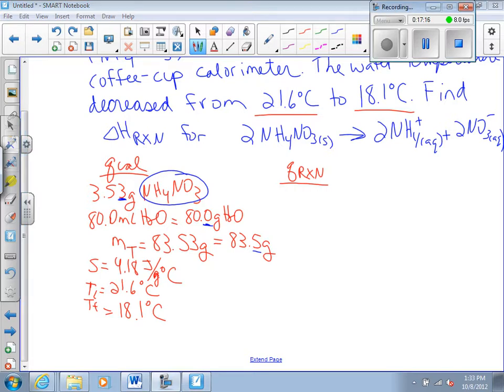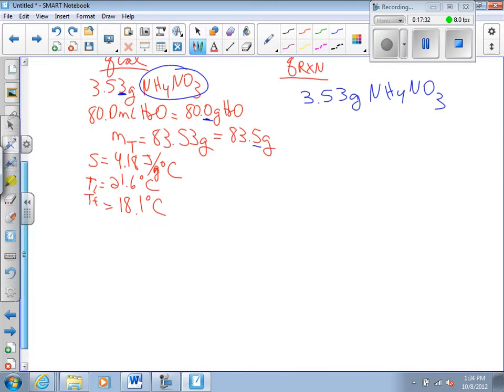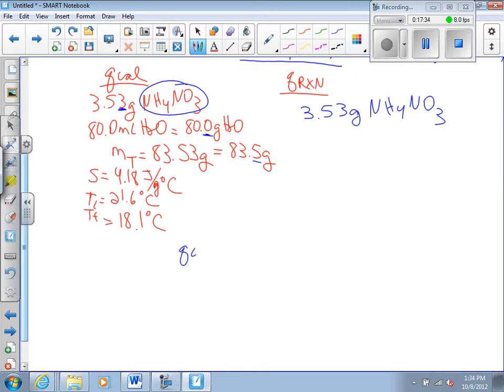So for the reaction, here's our reaction, and we want the information on reactants. Well, the only information I have about the reactants is right here, 3.53 grams of ammonium nitrate react. That's all I have. So I have enough information to start calculating my Q calorimeter, m s delta T. So let's start plugging everything in.